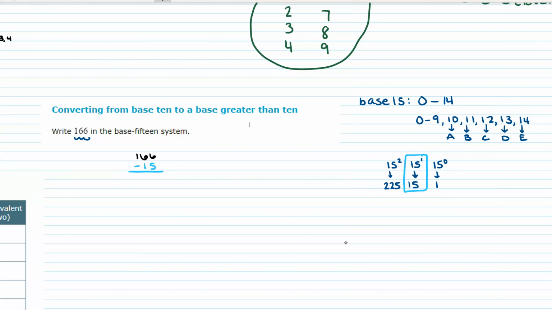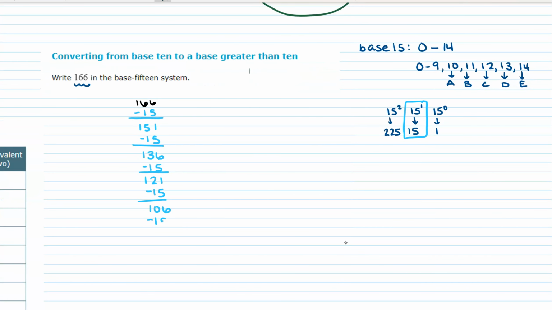So I'm taking 166 and I'm subtracting 15. That makes 151. I can subtract 15 again. That makes 136. I could subtract 15 again. That makes 121. Again, makes 106.